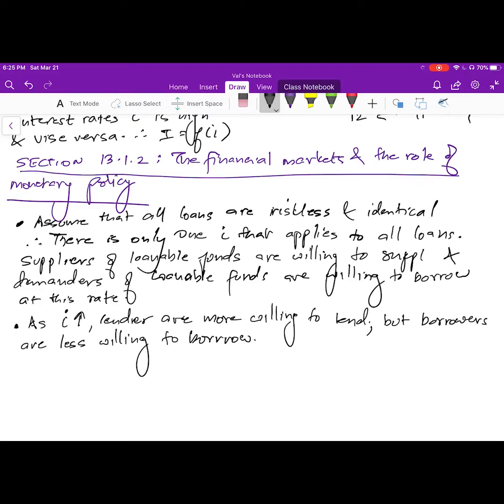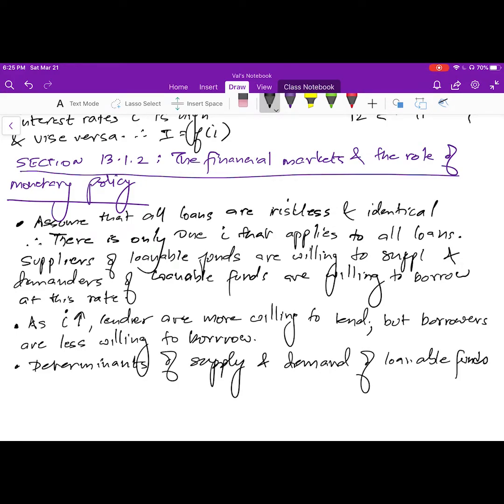Now the question is, outside of interest rates, are there any other determinants of supply and demand of loanable funds? Sure. Number one is wealth.